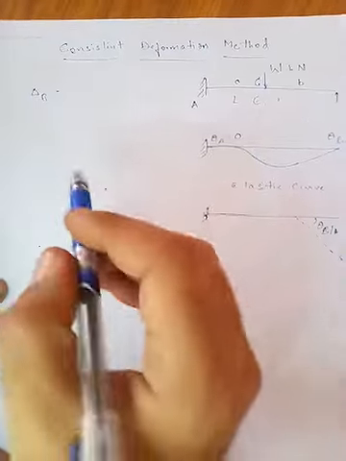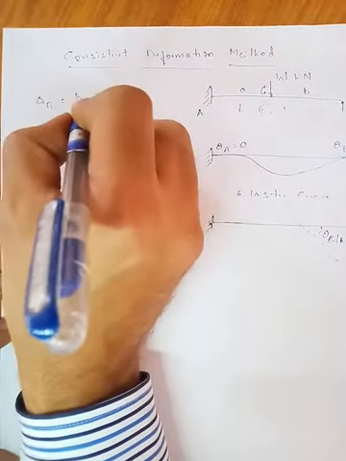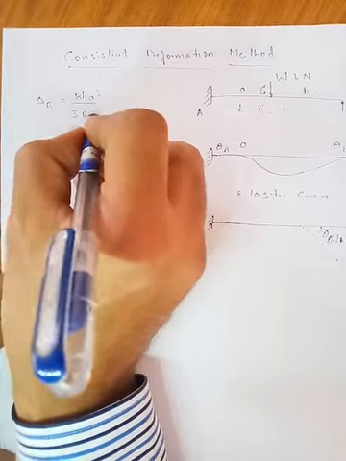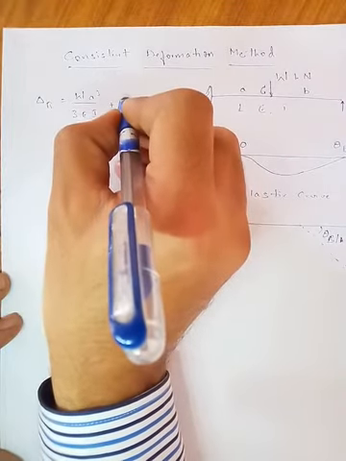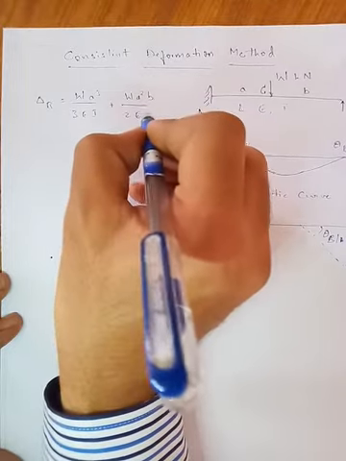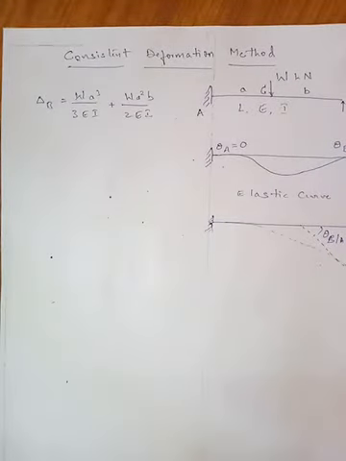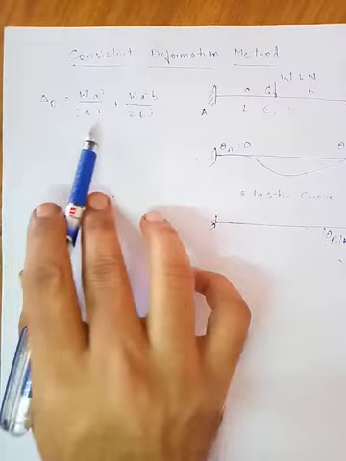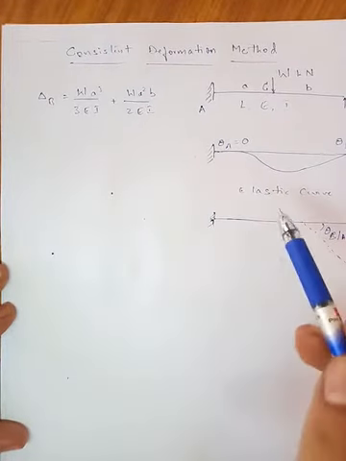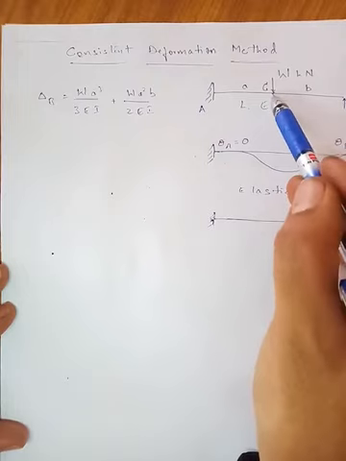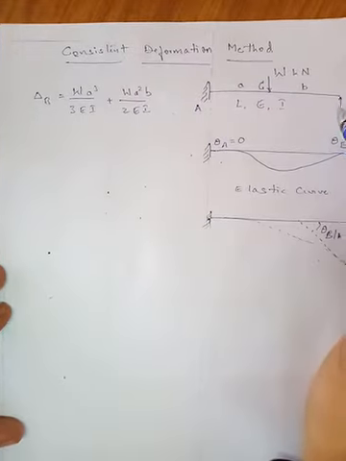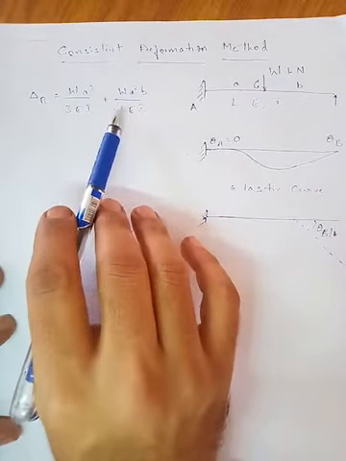So delta B would be W a cube upon 3 EI plus W a square b upon 2 EI. That is, the load W was applied at C, and the deflection we are finding is at B. So this would be the equation.